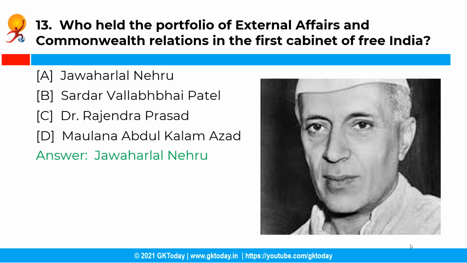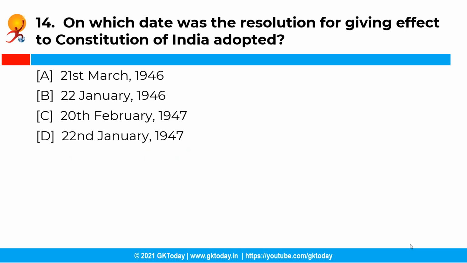Now the next question in the series is, on which date was the resolution for giving effect to the Constitution of India adopted? Now the options are: A, 21st March 1946; B, 22nd January 1946; C, 20th February 1947; and D, 22nd January 1947.